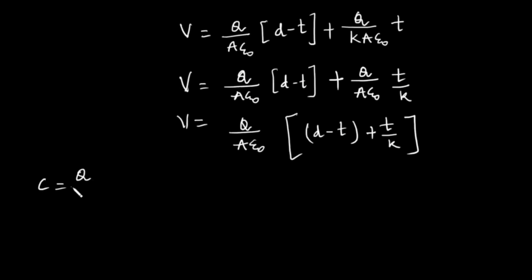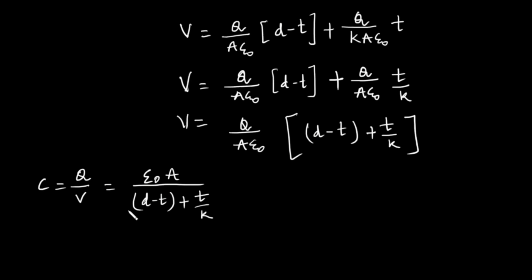If I substitute the v value here, this q and this q get cancelled, and epsilon naught a goes up. So epsilon naught a by d minus t plus t by k is the capacitance of a partially filled parallel plate capacitor with dielectric.